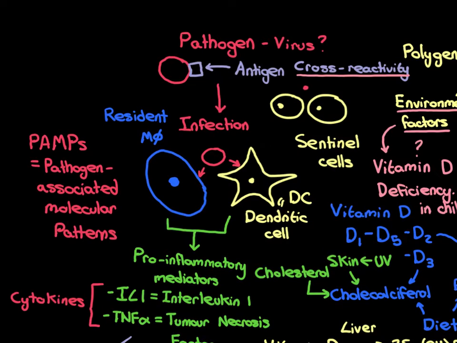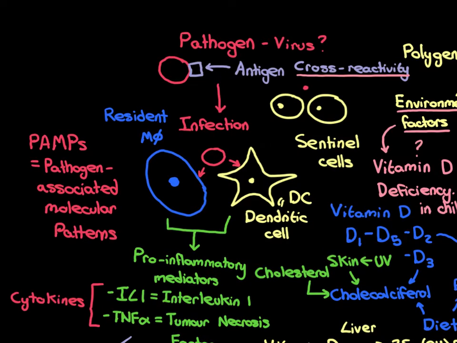So it has infected some tissue. We don't know what tissue it actually is going to infect, but it's going to infect some tissue. And at that tissue, there will be sentinel cells, most likely resident macrophages and dendritic cells. These are the sentinel cells that are present in most tissues.